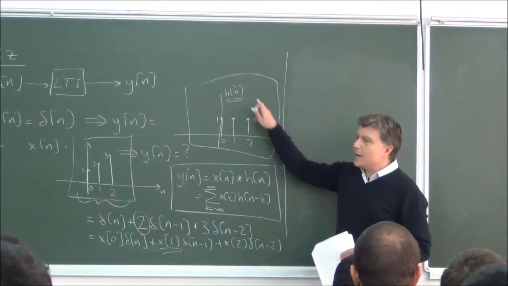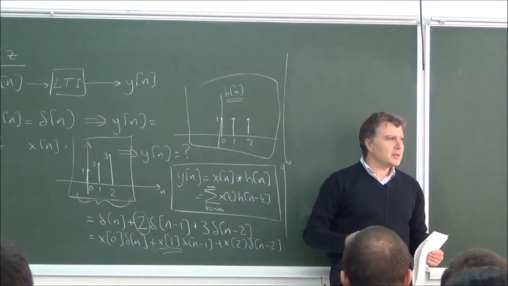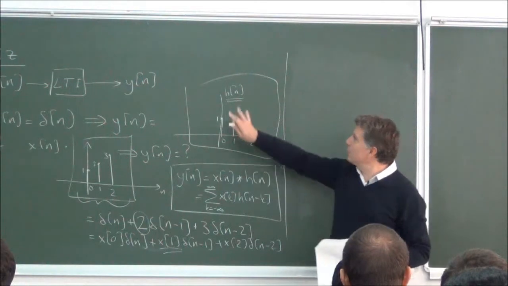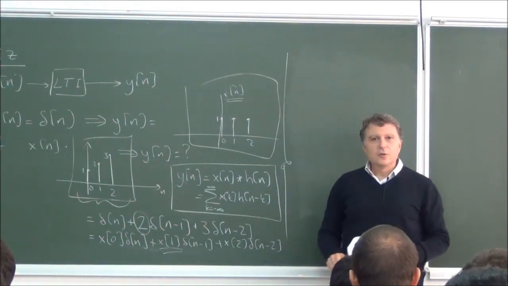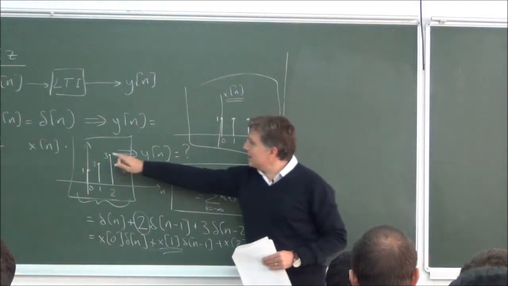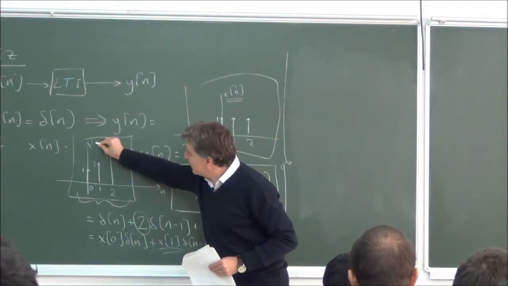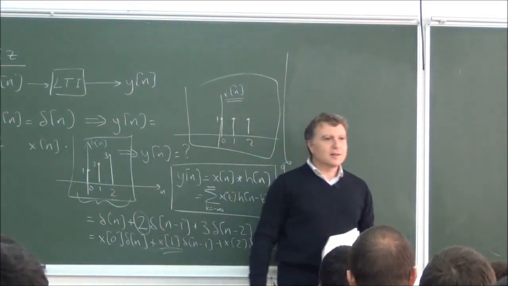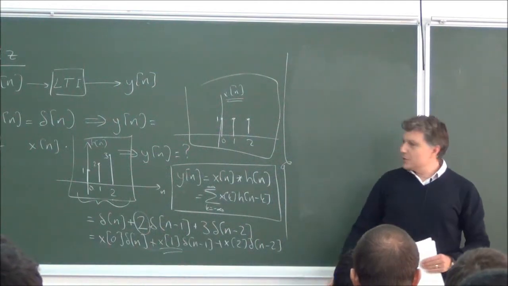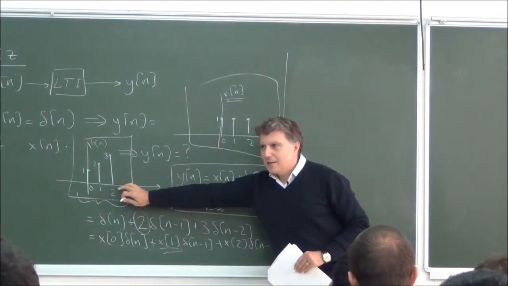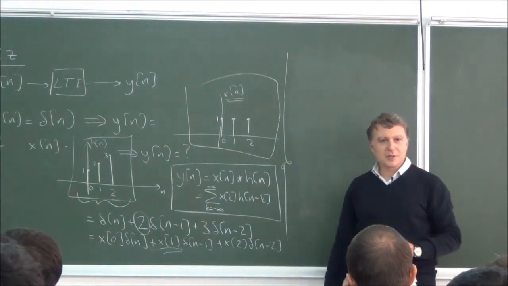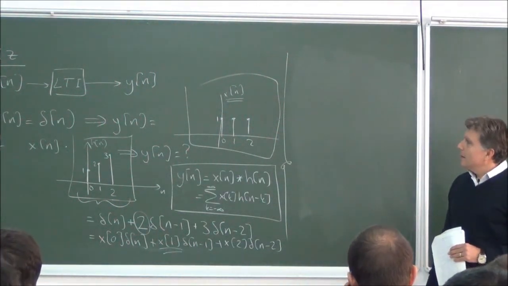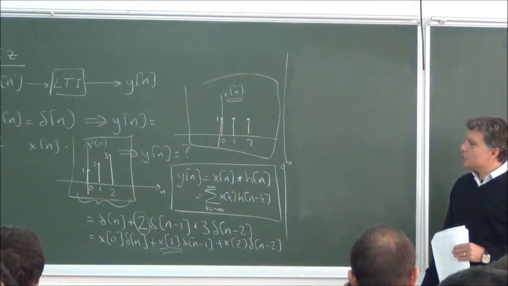Suppose that this h of n is not the impulse response, but let's assume that it's our input to a system with an impulse response like this. Let's call this thing the impulse response now. Previously I said this is the input and this was the impulse response. Now I'm replacing the orders. And let's try to solve the same question.